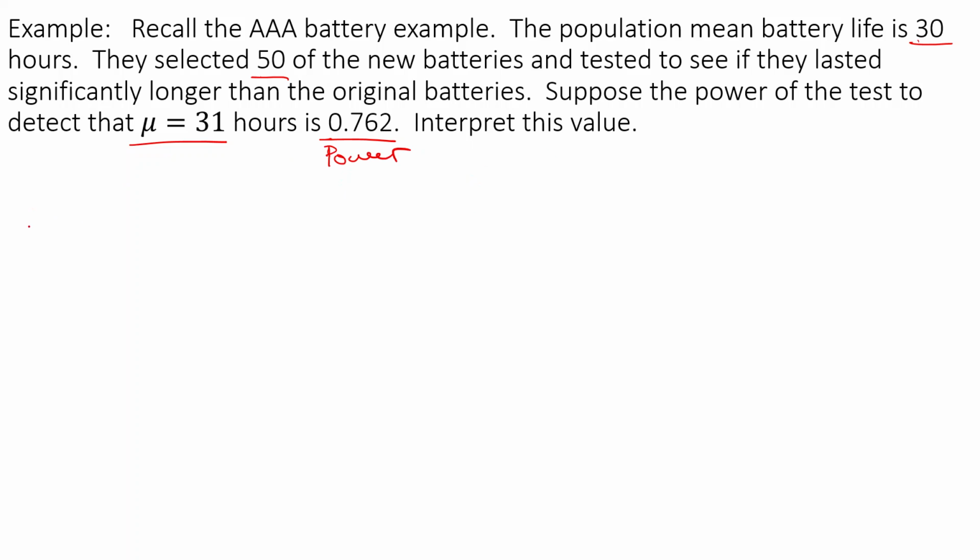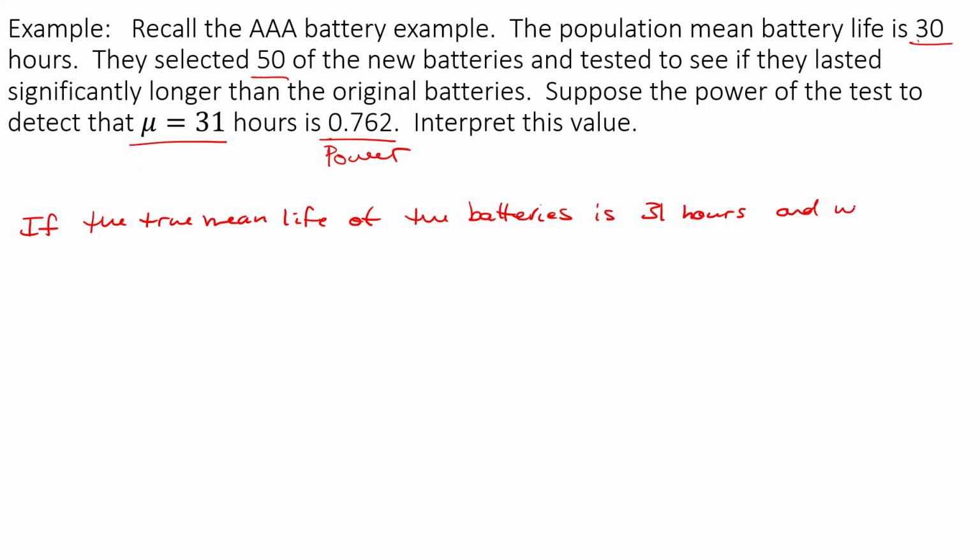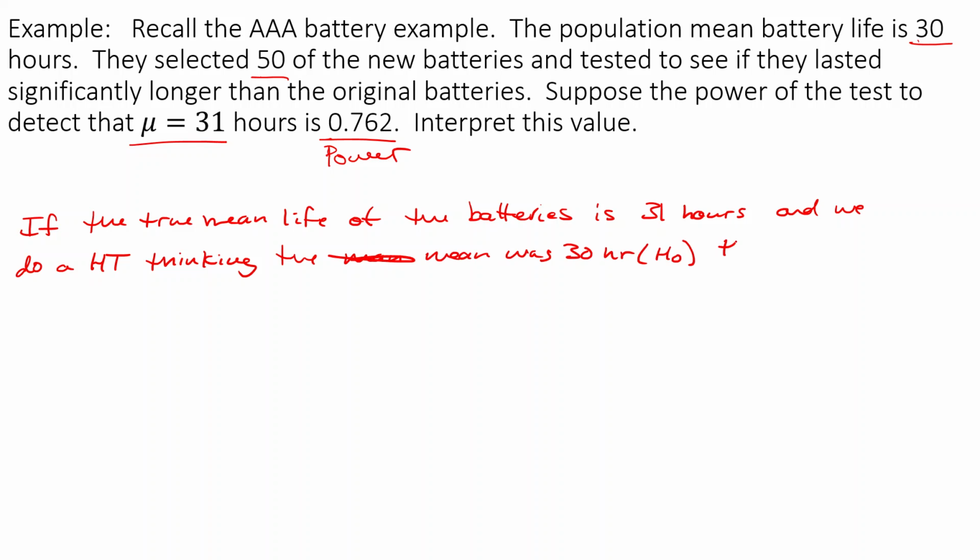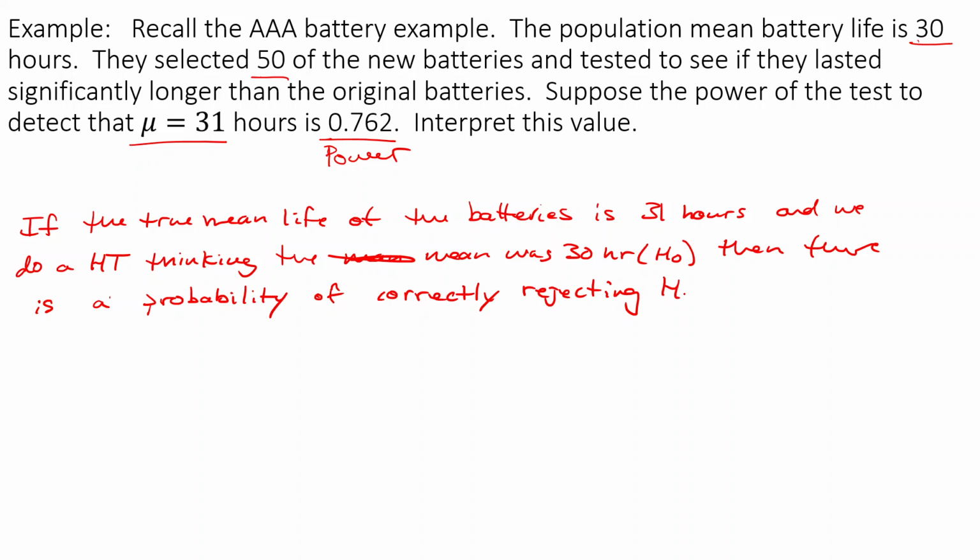Interpret this value. So what this means, if the true mean life of the batteries is 31 hours, and we do a hypothesis test, thinking the mean was 30 hours, again, that was our null hypothesis, then there is a probability of correctly rejecting the null hypothesis that the mean equals 30 hours of 0.762 or 76.2%.